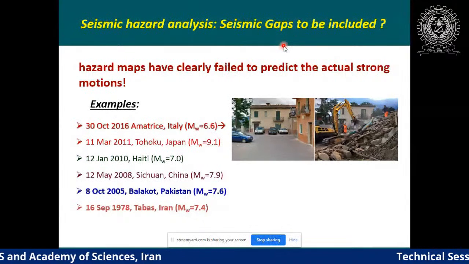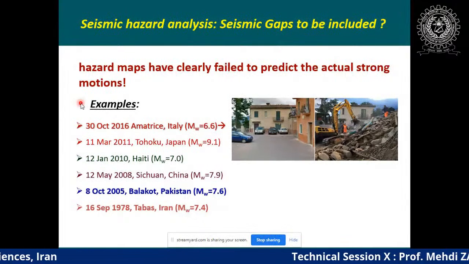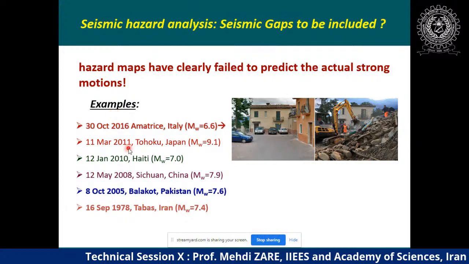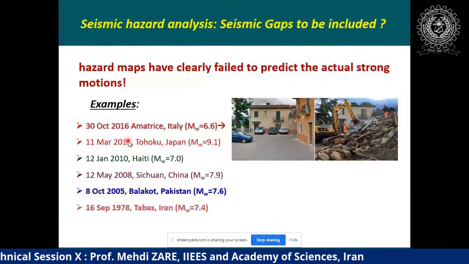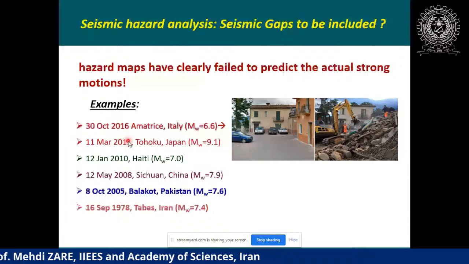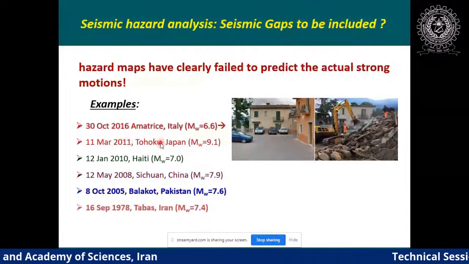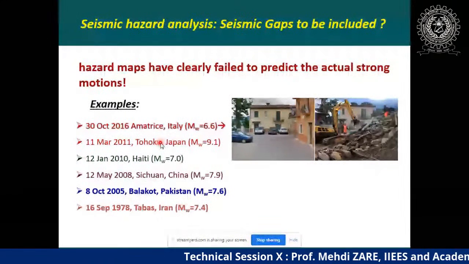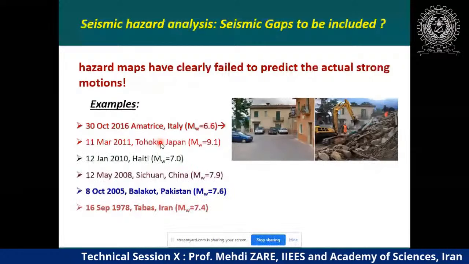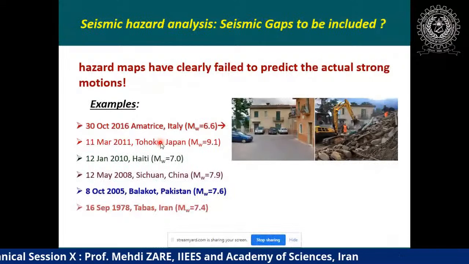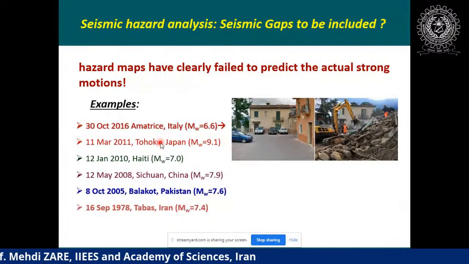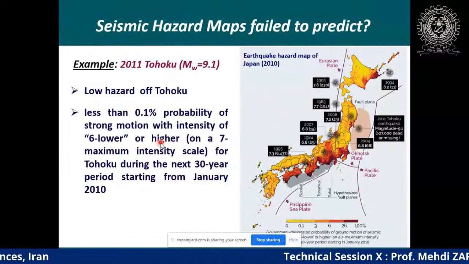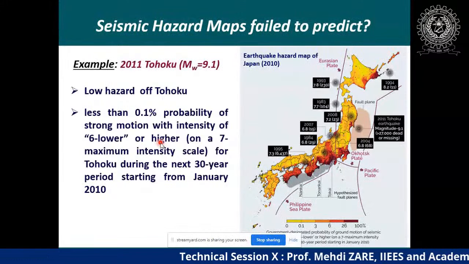There are several examples, such as the Amatrice earthquake in 2016, Italy, the 2011 Tohoku earthquake, the 2010 Haiti earthquake, the 2008 Sichuan, China earthquake, the 2005 Balakot, Pakistan earthquake, and the 1978 earthquake in Tabas in Iran. And there is a major question: is a seismic gap a major parameter to be included in seismic hazard analysis?